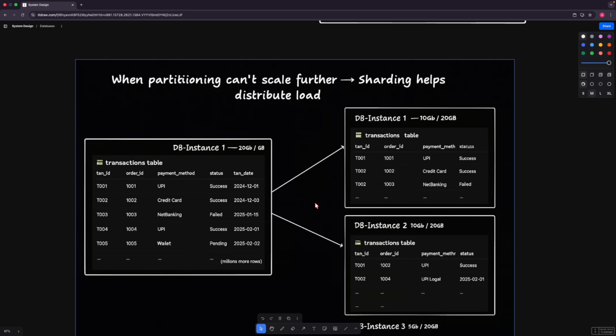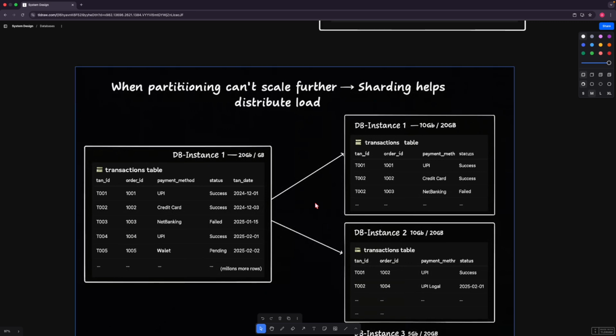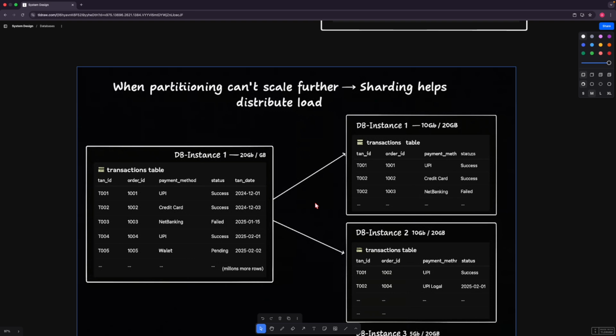In both scenarios, we need to make major changes at the application level, right? Earlier we just had one table or one database, so we were directly hitting that table or database. But now, when we partition the data, or when we have sharded the data into multiple instances, we also need to make changes at the query level, so that queries related to one key go to that database and another set of queries go to the other database, right?